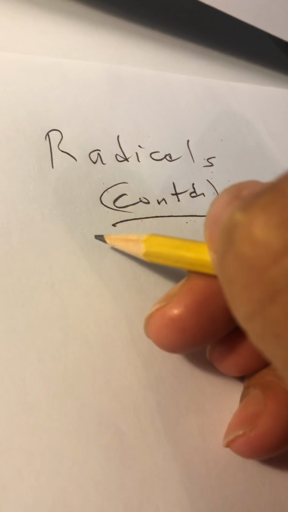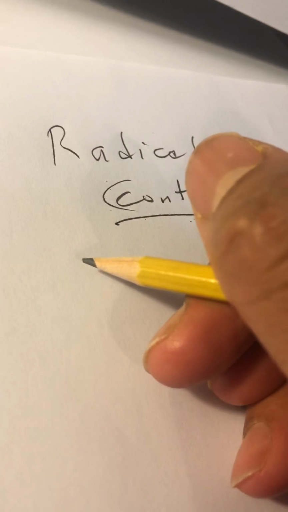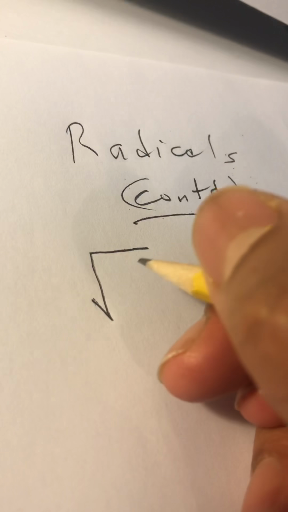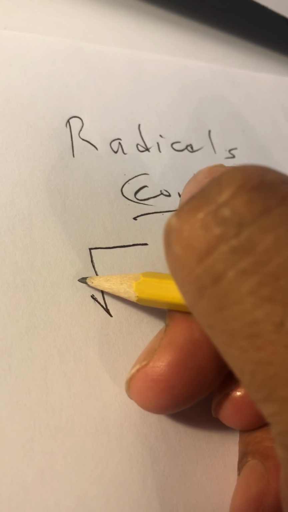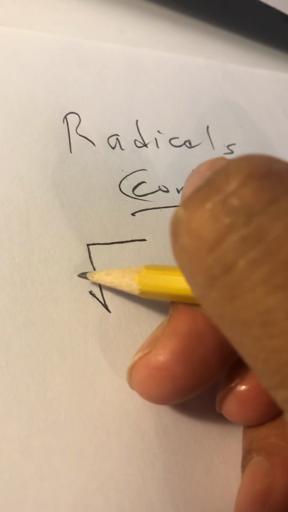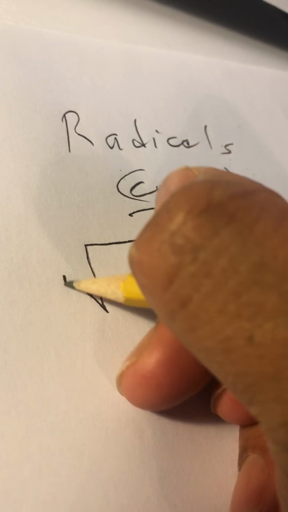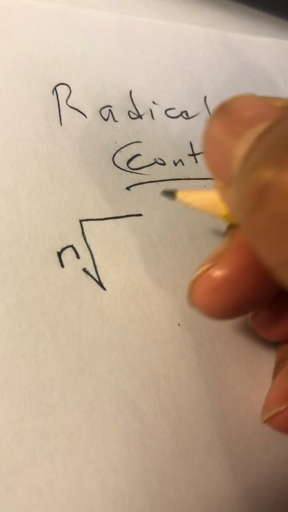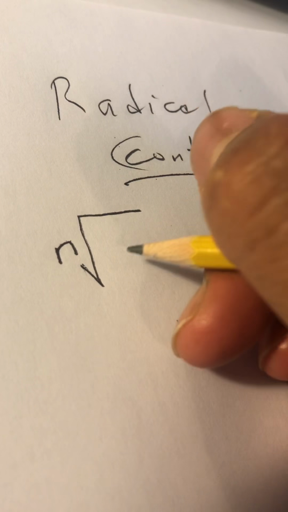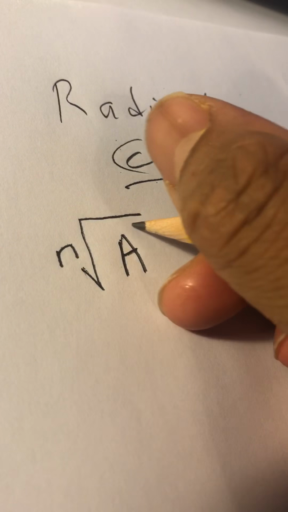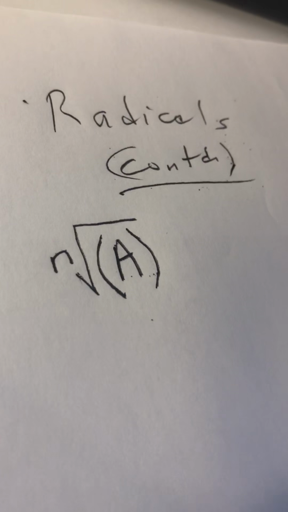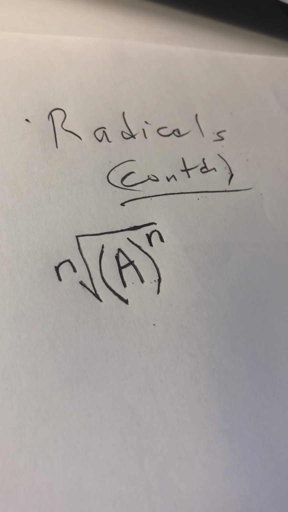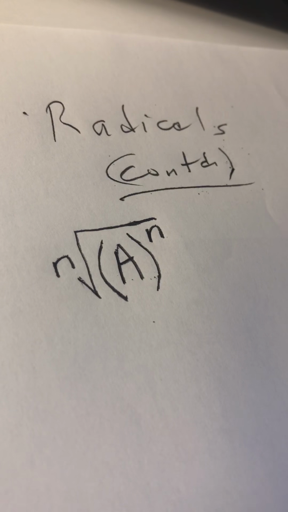All right, so one more thing you should know before we continue, number 24. Listen carefully: if I have the nth root of some value a to the n, let's be careful on this.